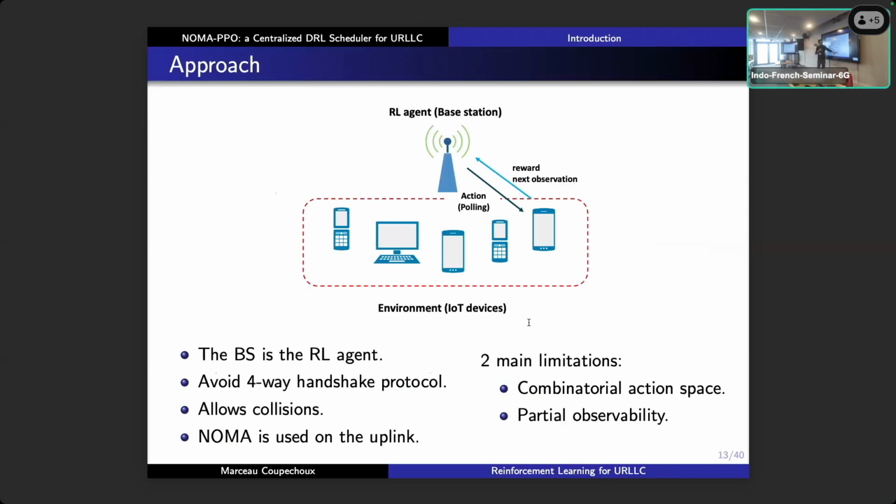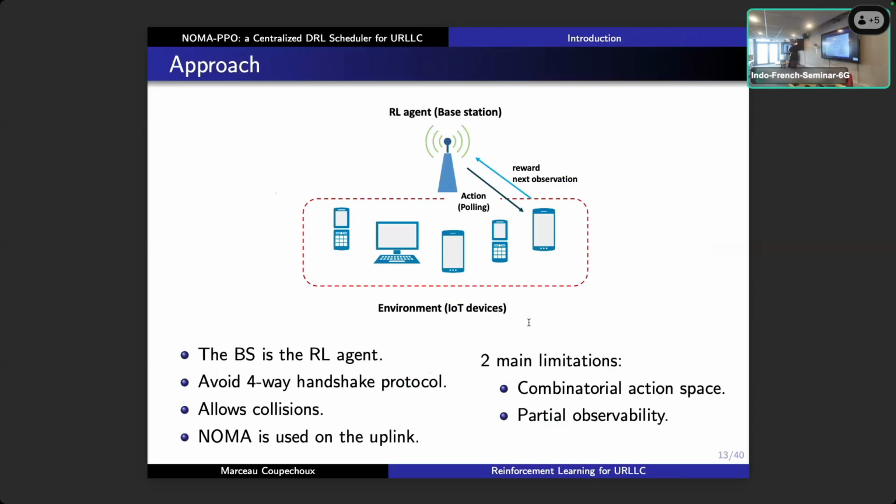We have two main limitations. The first thing is the fact that we have a combinatorial action space. This is the particularity of this problem, let's say, compared to, for example, Atari games. And we have partial observability because we don't know which device has to send. If the base station is polling, then why is there collision? There can be collision because we allow the base station to poll several users for two reasons.